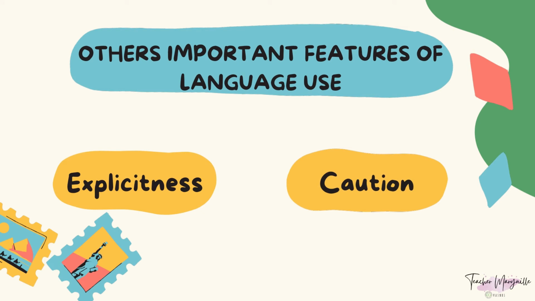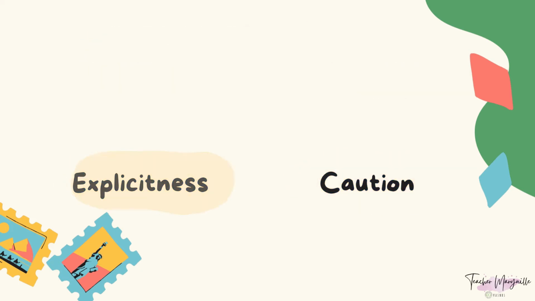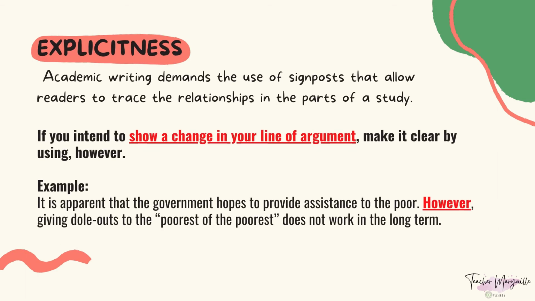Aside from those three, there are two other important features of language use in academic writing. The first is explicitness, and the second is caution. Explicitness in academic writing demands the use of signposts that allow the reader to trace the relationship in the parts of a study.